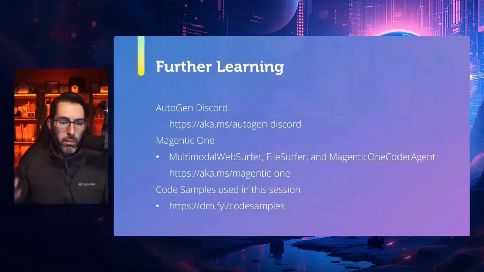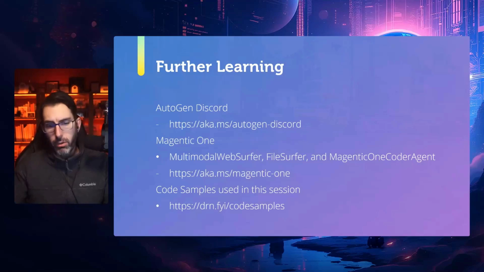If you want to dig a little bit deeper, here are some resources I wanted to put out there. There's a beautiful Discord channel where people using Autogen can go in, ask questions, and keep up to date. There's another framework called Agentic One that is now part of Autogen.